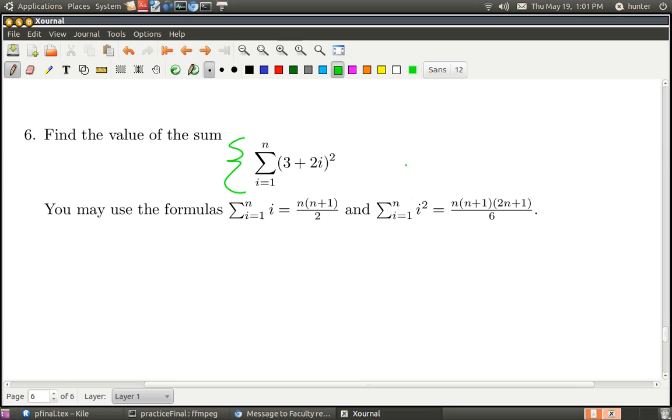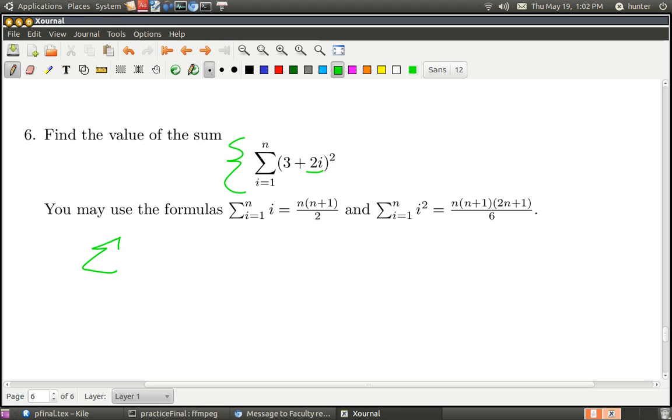So let's do it. We're going to use some of the nice properties of the sigma notation, which I'll point out as we get to them. So how do you start working on this? You might ask yourself, does sigma do anything nice with the square? And the answer is no. So I'm going to just, out of total desperation, multiply out this binomial and see what happens.